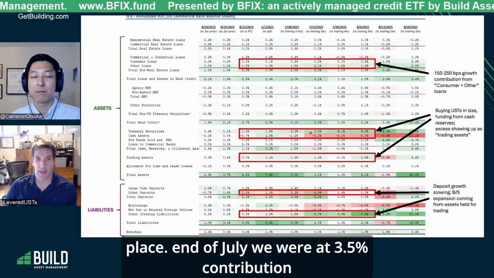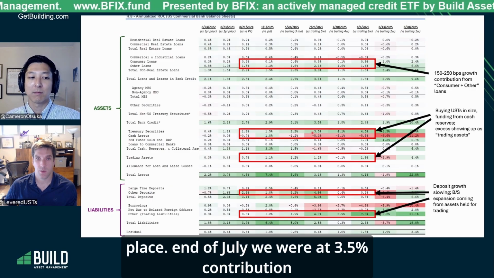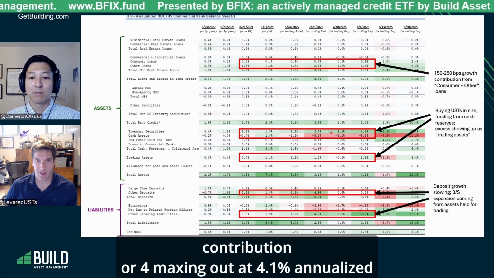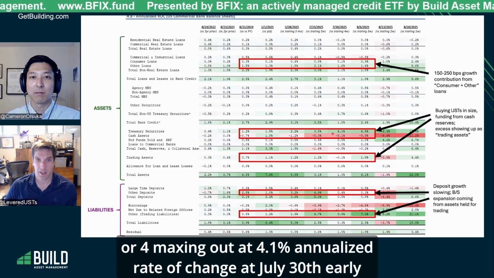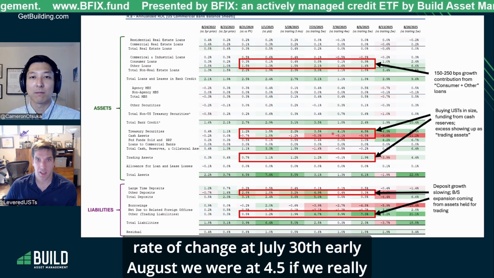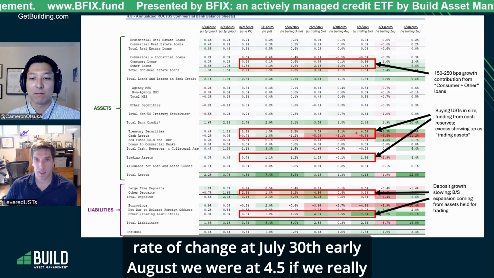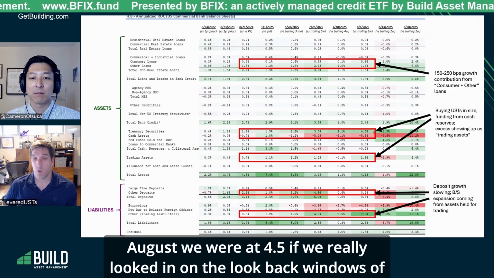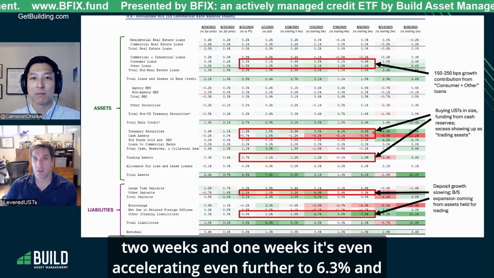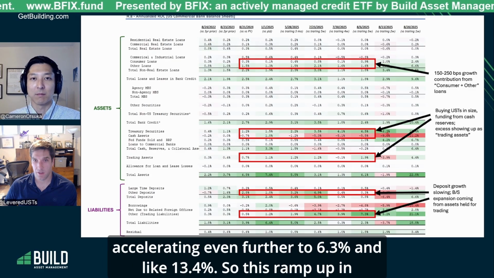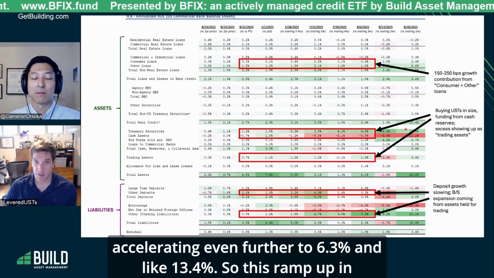End of July, we were at 3.5% contribution, maxing out at 4.1% annualized rate of change at July 30th. Early August, we were at 4.5. If we look at the look back windows of 2 weeks and 1 week, it's accelerating even further to 6.3% and 13.4%.